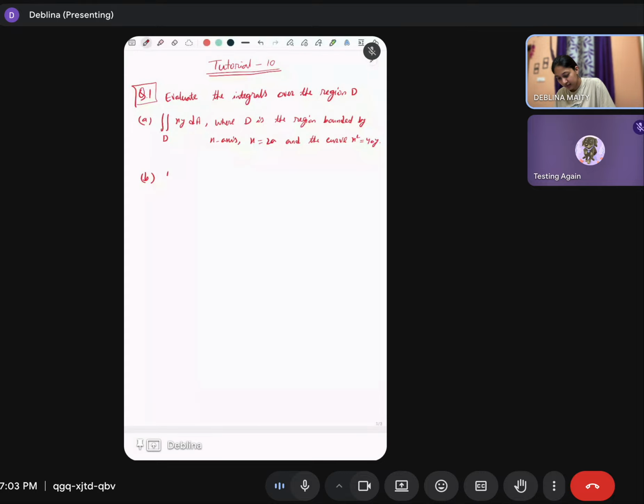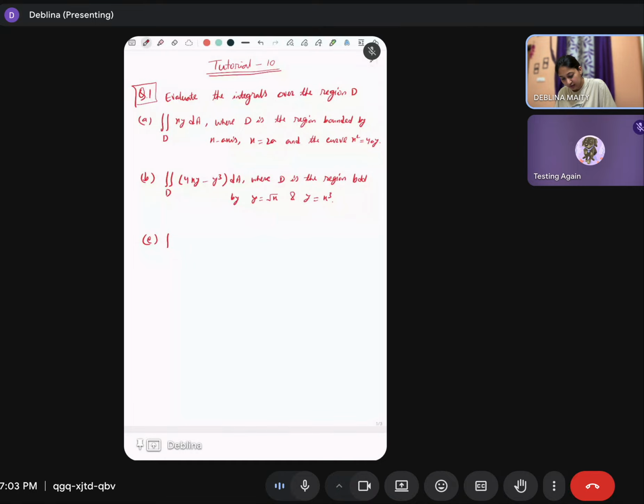And second is the region bounded by these two curves.